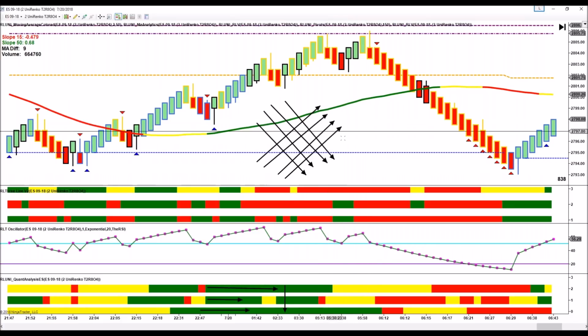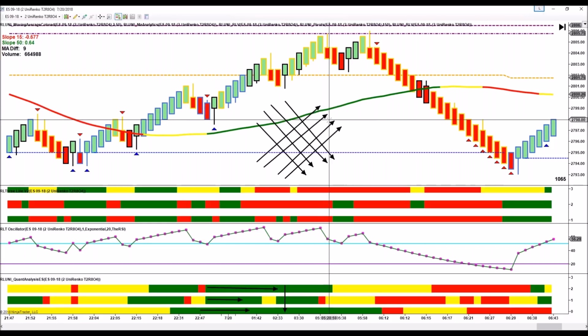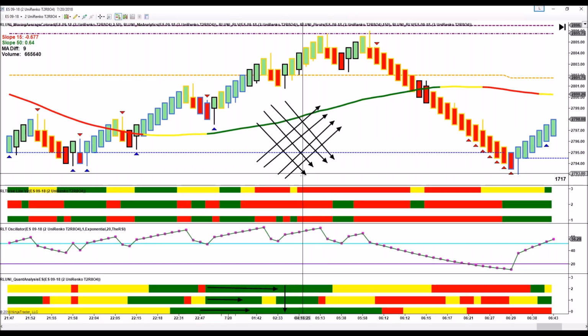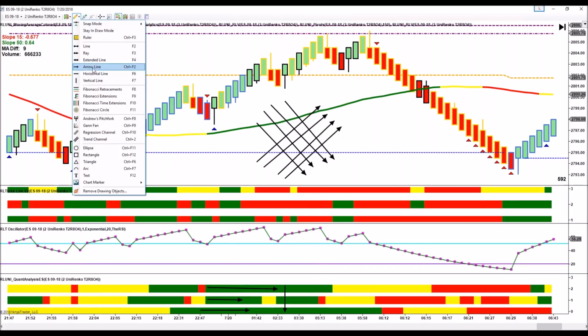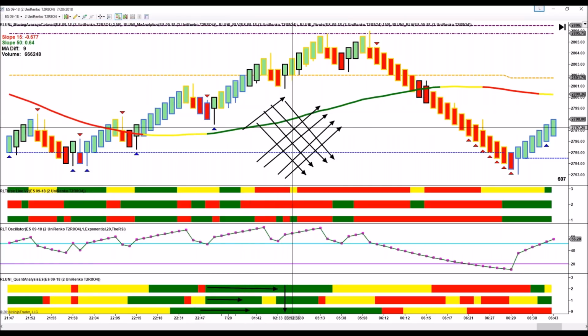And it's real simple because when risk is on, they're going to buy stocks. And they're either going to buy them in the NASDAQ, the Dow, the Russell, or the E-mini. And when risk is on, they're not going to buy more safe investments like treasury notes, treasury bonds, precious metals, or currencies. Those are the safe investments, and they only are going to put money here when risk is off.